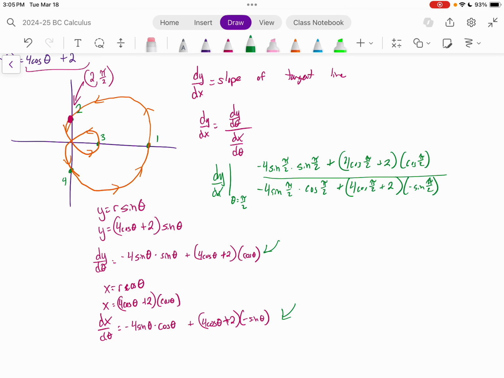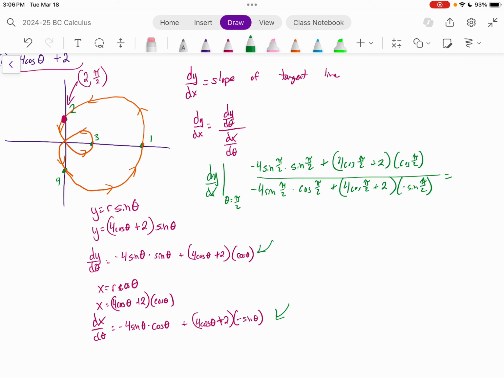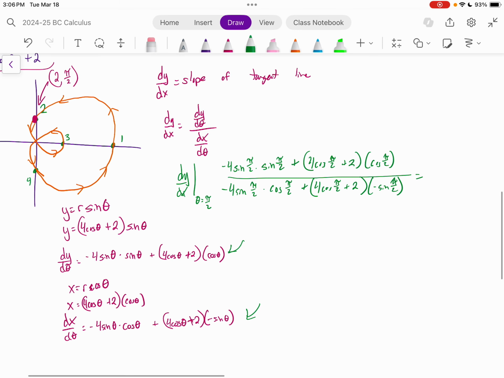Sine(pi/2) is just 1, and cosine(pi/2) is 0. So fortunately, we give ourselves an easy one here. That's negative 4 on the top. These guys are both 1. Plus 2 times 0. So just negative 4.